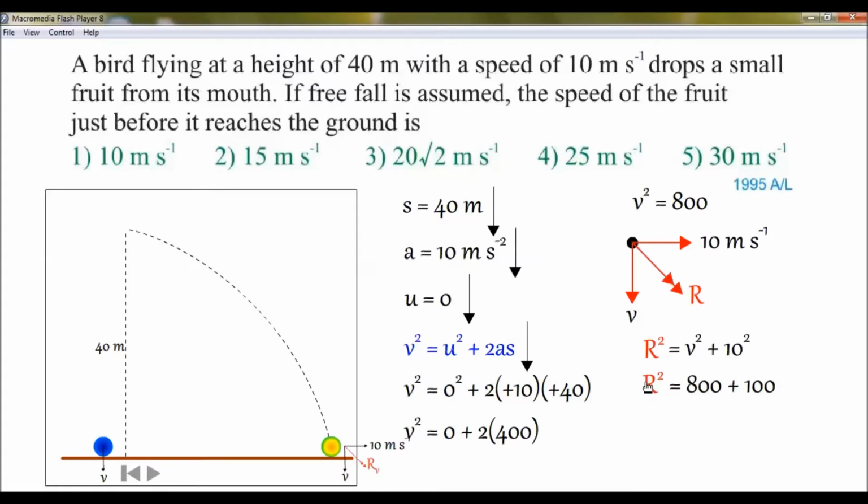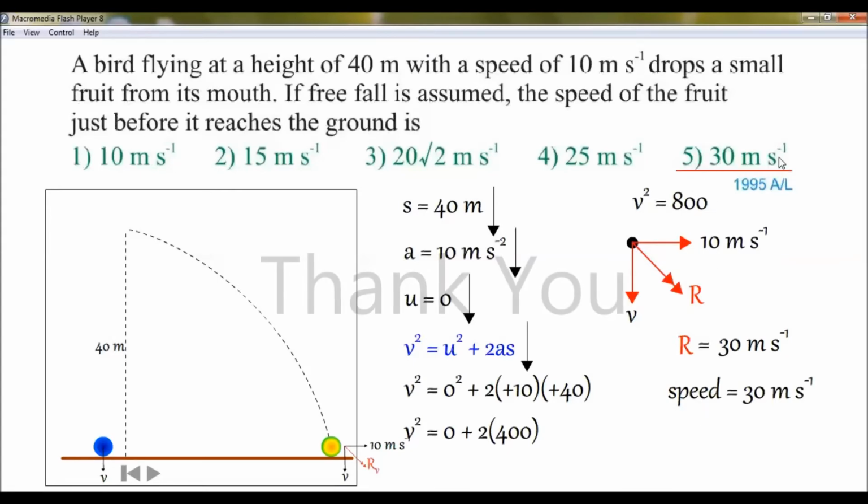So 800 plus 100 is 900, and the square root of 900 is 30, which means the resultant equals 30 meters per second. So this is the speed, 30 meters per second, which is what we had to find. So from the answers, it is the fifth answer. Thank you very much.